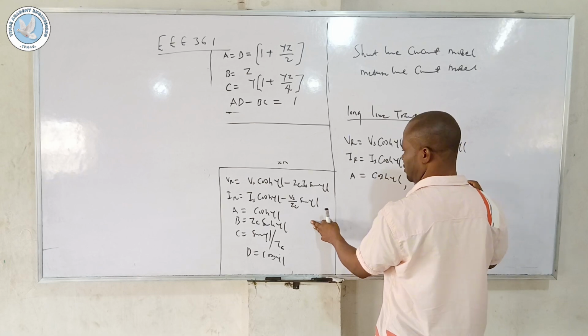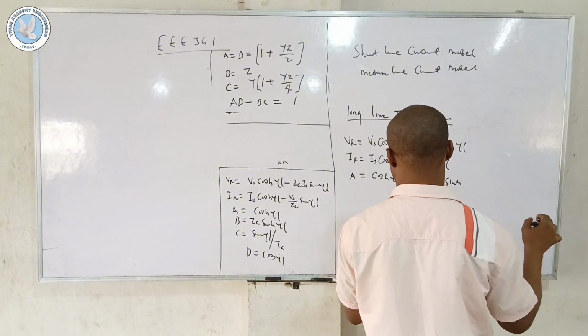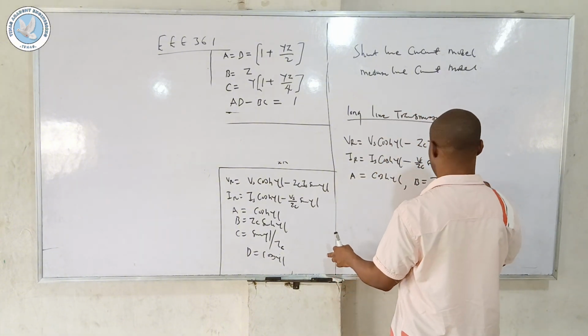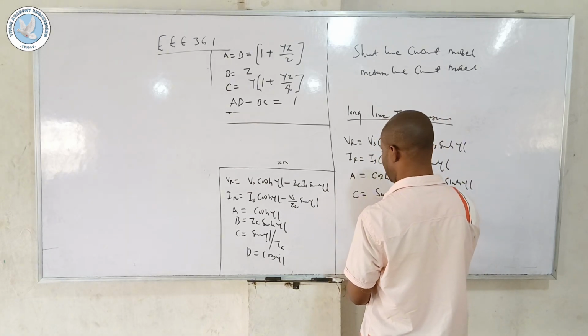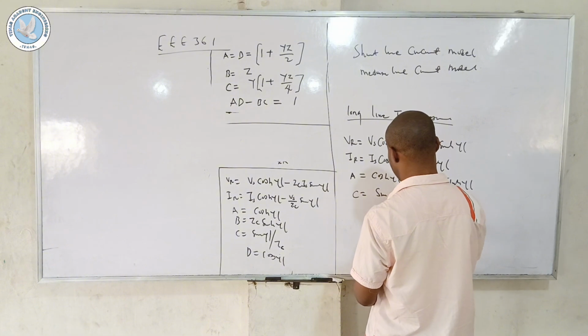So your C is sinh γL. You can divide that with your characteristic impedance, and your D is cosh of this.